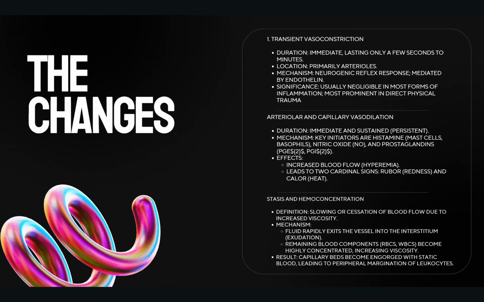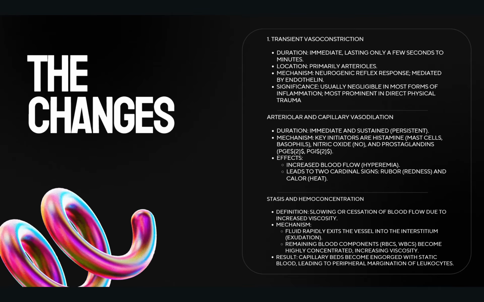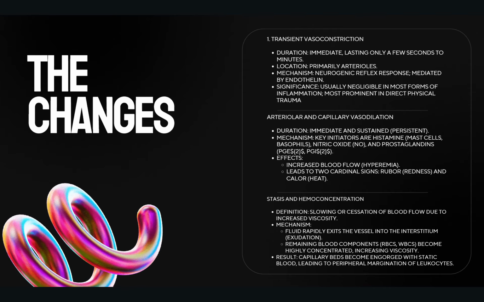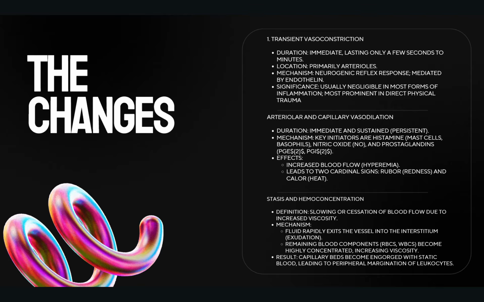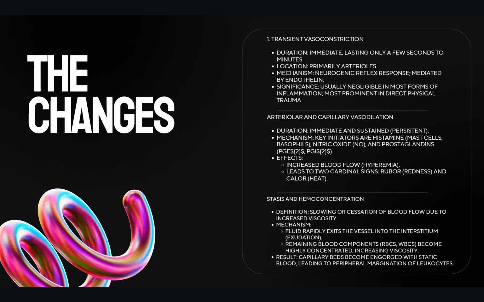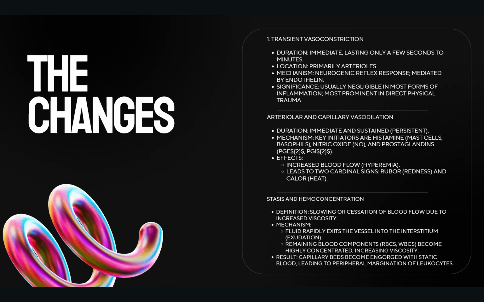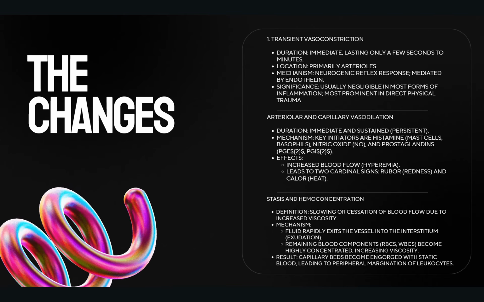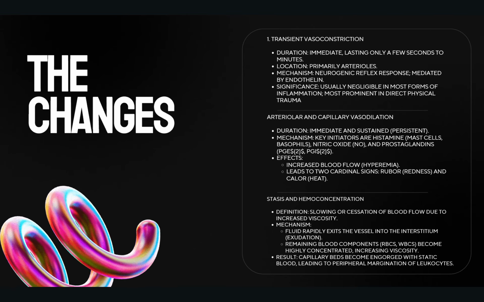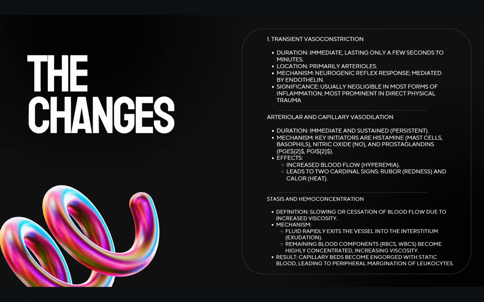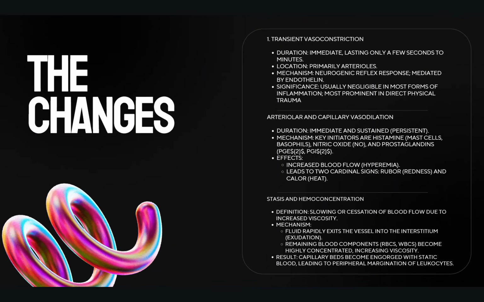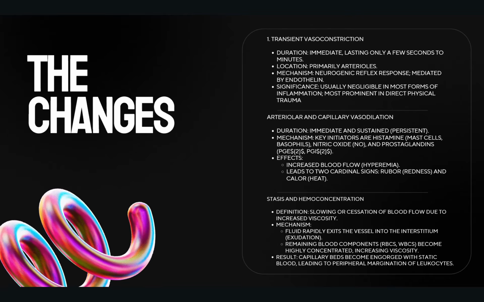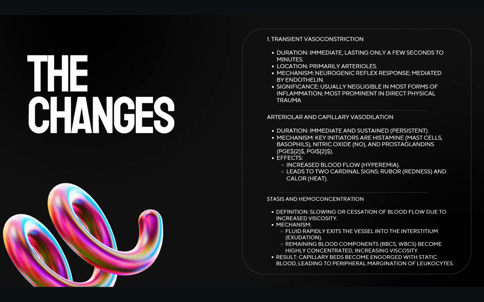The final stage is stasis and hemoconcentration. It's preparation for the cellular events. As the vessels dilate and crucially become more permeable, the net loss of plasma fluid into the extravascular space drastically increases blood viscosity. This increased viscosity, coupled with the dilated microvasculature, leads to stasis, a marked slowing or cessation of blood flow.